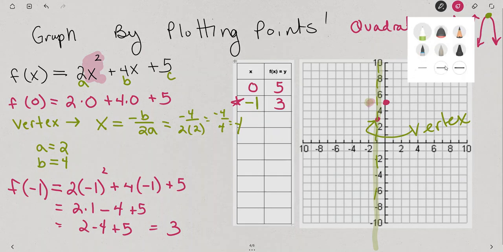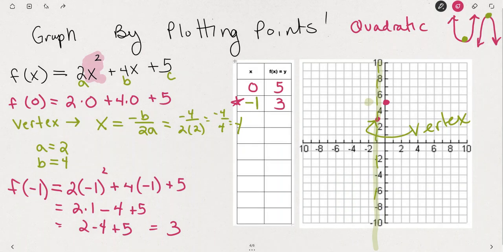The reason I can plot this second point is by recognizing that we're symmetrical on each side of this axis of symmetry. And that gives me enough to graph my parabola. So that's one way we could graph the parabola.